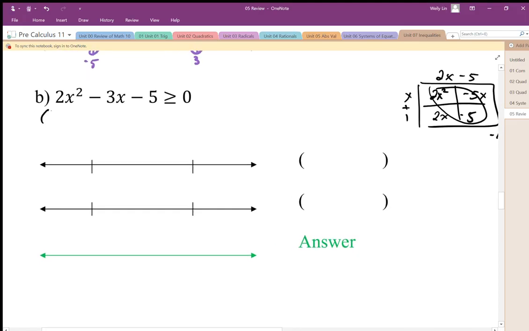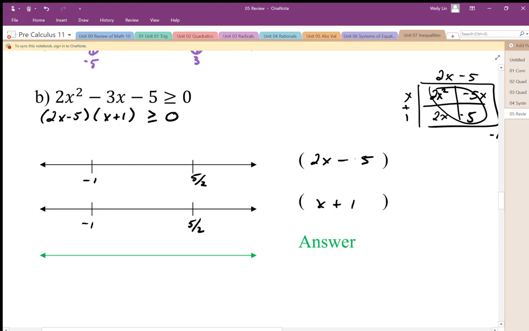So when I factor this, I get (2x minus 5)(x plus 1) is greater than or equal to 0. Okay, we know we have a 0 at negative 1 and positive 2.5. So we can test our two factors, and we can test our signs here.